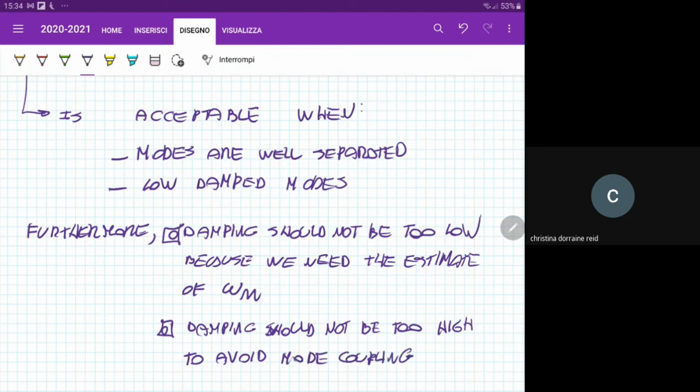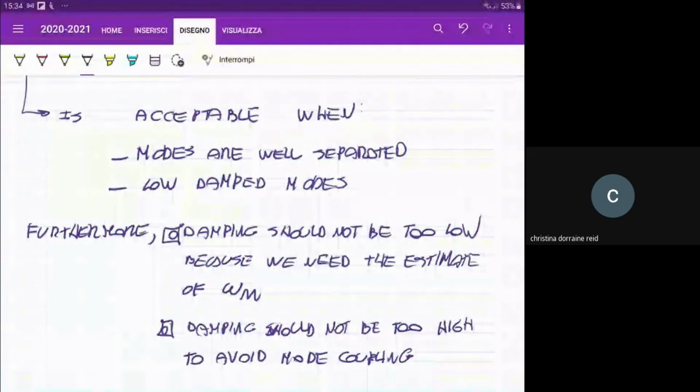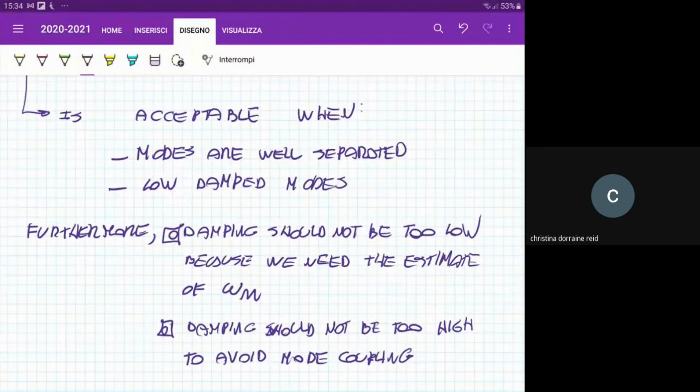Okay, and therefore that's the reason why we are using this approach better when we are in a condition for which all modes are distinguishable one from each other. The damping is not that high. By the way, not that high means that we are accepting a damping ratio of about some percent, as we used to, and the natural frequencies are well separated. That is, we can identify all the peak resonances when looking at whatever frequency response function of your system. Okay.